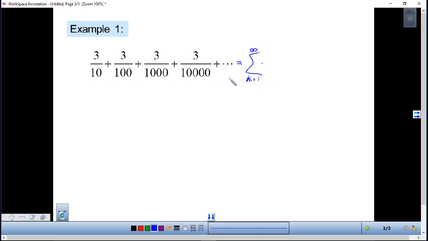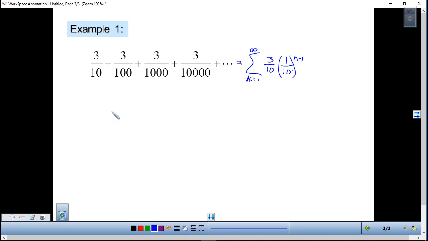And what's the nth term expression? Well, first of all, what's my first term? My first term is 3/10. And what am I multiplying by to get from here to there? You can always take this and divide by the previous one to find that common ratio. But hopefully you can recognize that you're multiplying by 1 over 10. And that is to the n minus 1. So there is your nth term expression for your series there.